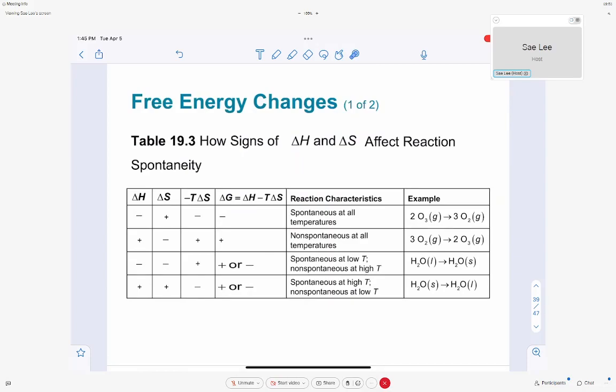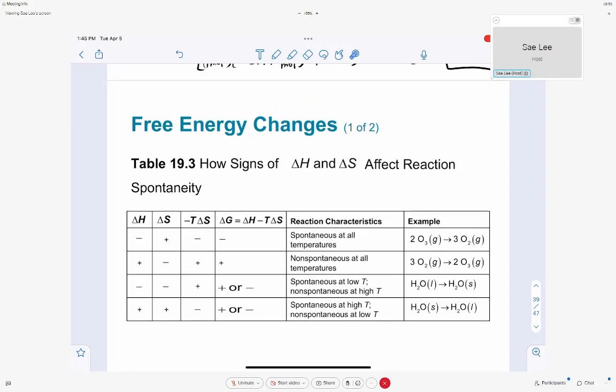So, as we have just seen in the exercise that we just did, the delta G value, the free energy value, which determines spontaneity of a reaction, is dependent on enthalpy, entropy, and the temperature.